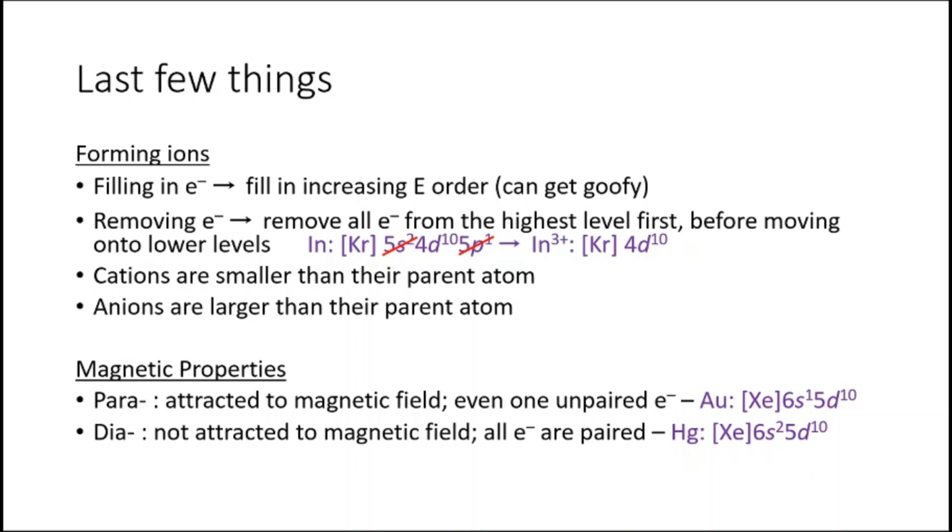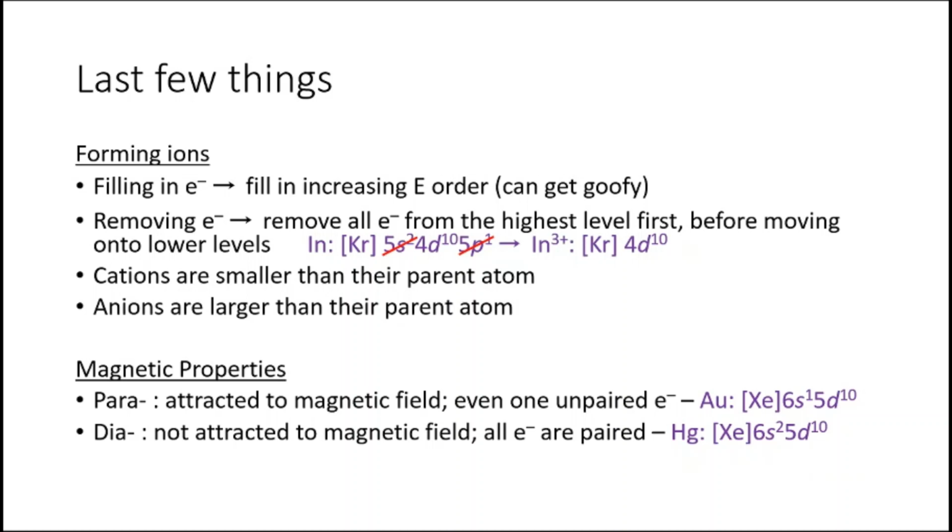But in that 6s orbital, you only have one electron. You only have an up arrow with no partner. You have no down arrow to go along with it. And because of that, whenever gold is placed into a magnetic field, that one unpaired electron can actually line itself up with the magnetic field and become attracted.